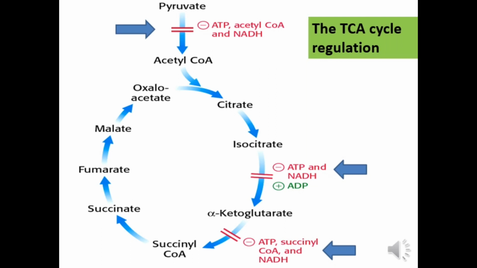This is inhibited by ATP, succinyl CoA, and NADH. These reactions in Krebs cycle is inhibited by ATP because the main objective of Krebs cycle is to produce ATP.